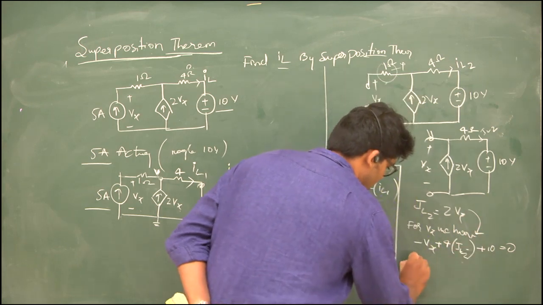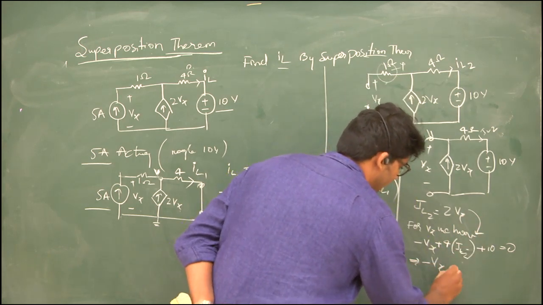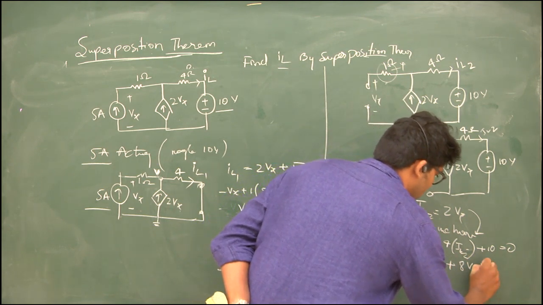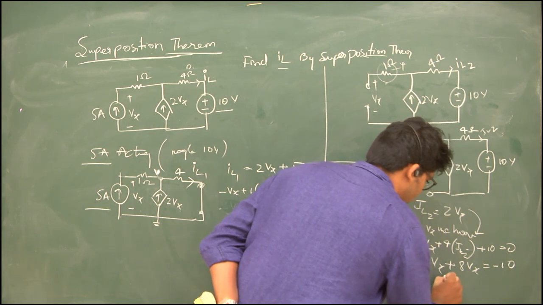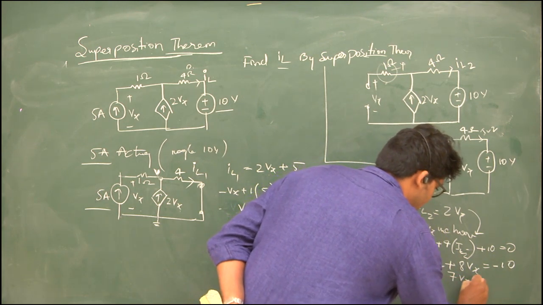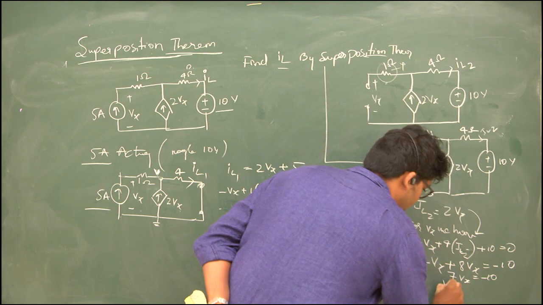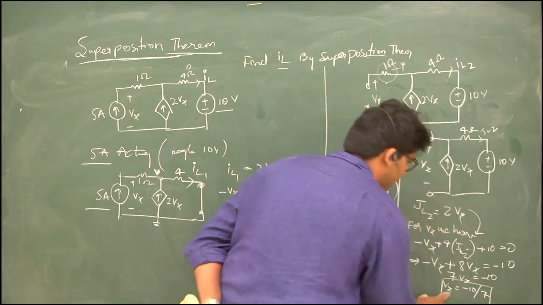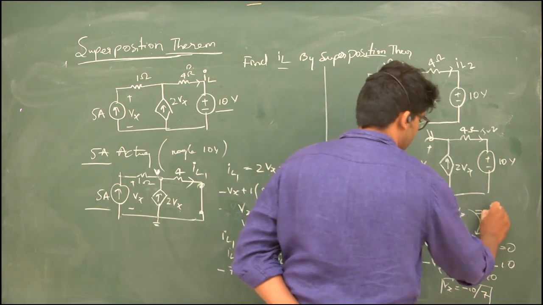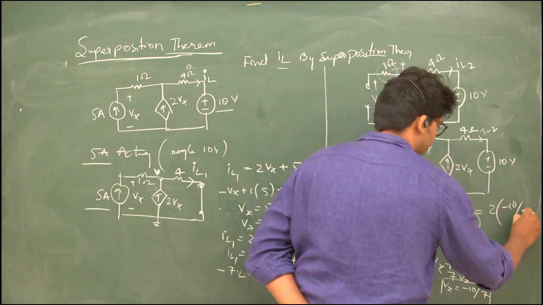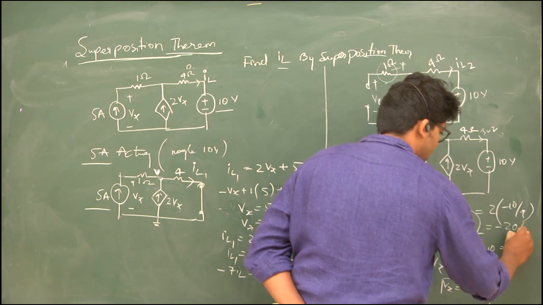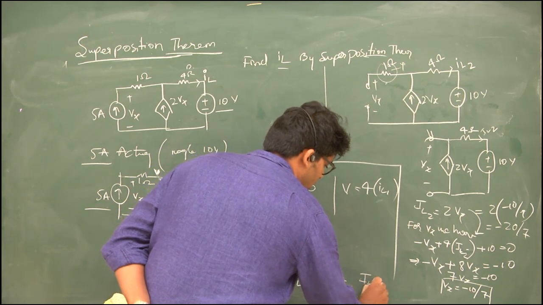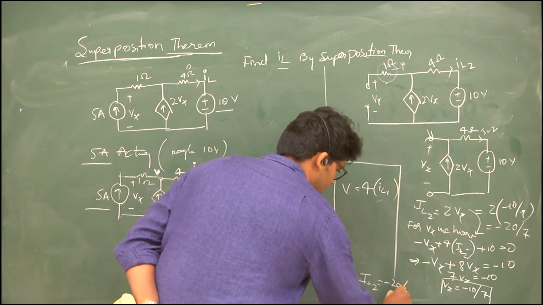Substitute this here, you will have minus Vx plus 8 Vx equal to minus 10. Therefore 7 Vx equal to minus 10, so Vx equal to minus 10 by 7. Then IL2 is 2 into minus 10 by 7, that is minus 20 by 7.